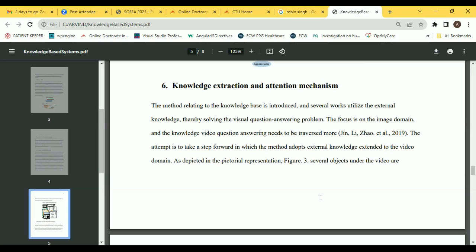The attempt would take the step forward wherein the method would adapt the external knowledge with the video domain.